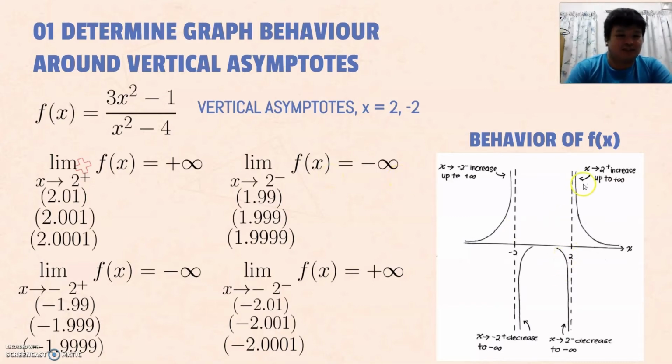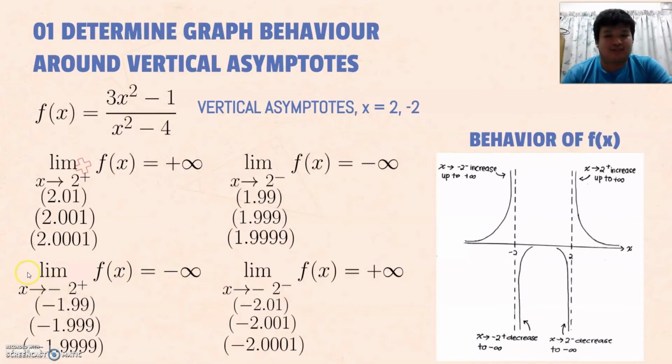So from the graph we can see that this is from the right hand side of +2, and this is from the right hand side of -2. The right hand side of +2 will go to +infinity, and the left hand side of 2 will go down negatively, so it is -infinity. It is the same with -2 also.